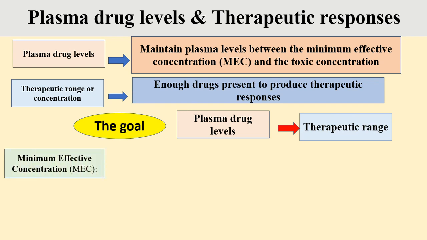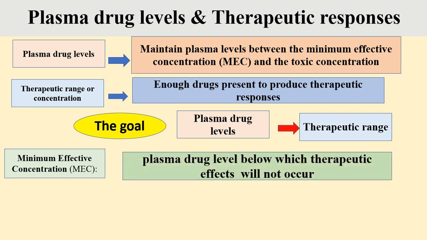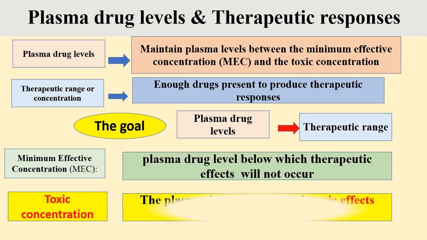The minimum effective concentration of the drug we can define as the plasma drug level below which therapeutic effect will not occur. And we can define the toxic concentration of a drug as the plasma drug level at which toxic effect begins. So this is the difference between the minimum effective concentration and the toxic concentration of the drug.